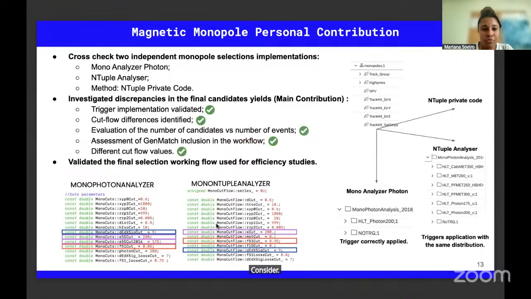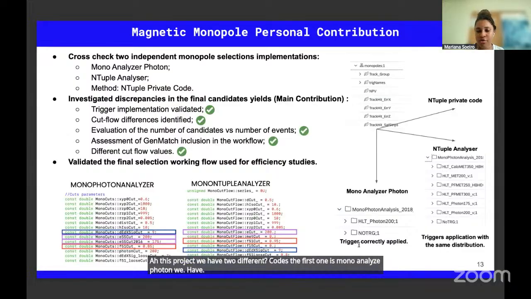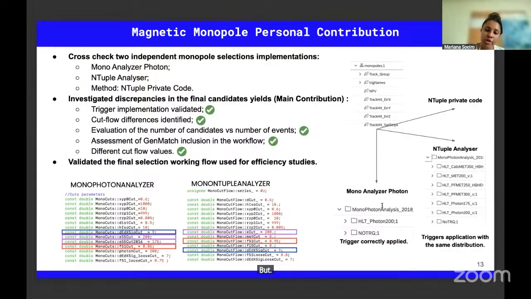Considering my contributions, I basically compared two implementations in the beginning of this project. We have two different codes. The first one is the mono analyzer photon. We have this kind of output, and the trigger is applied correctly, but we don't have all the chain.